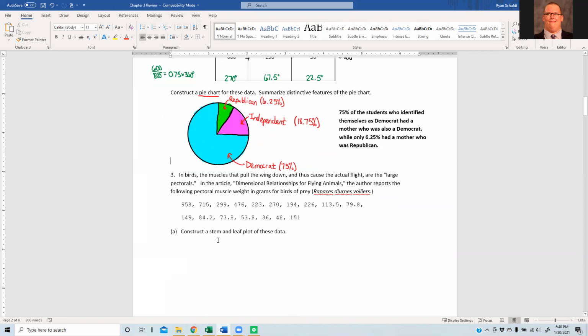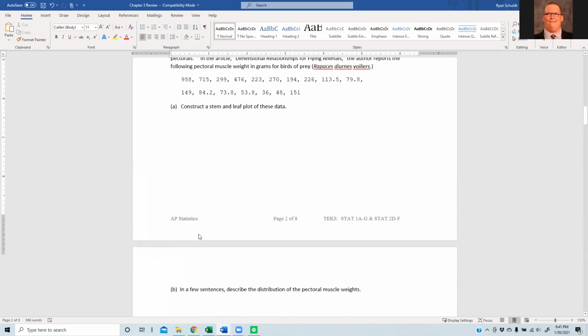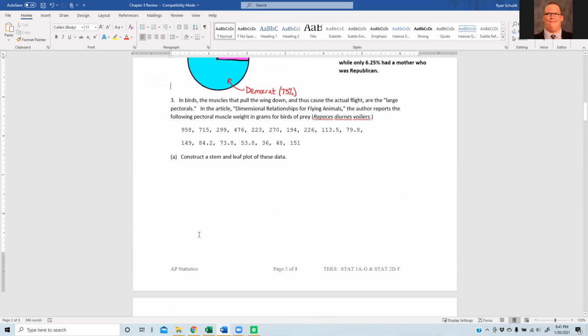Okay. Number 3. They tell us that in birds, the muscles that pull the wing down and thus cause the actual flight are the large pectorals. In the article, Dimensional Relationships for Flying Animals, the author reports the following pectoral muscle weight in grams for birds of prey.